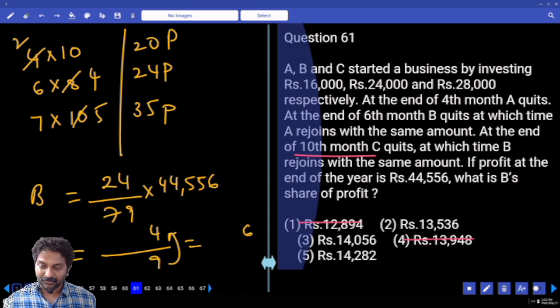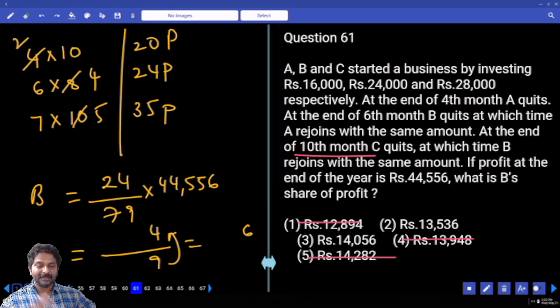1, 4, 5 eliminated. 24. Is it a 3 multiple? 5 plus 5, 6 plus 4. Total, plus 4. Is this a 3 multiple? Numerator is a 9 multiple. Denominator, is it a 3 multiple?